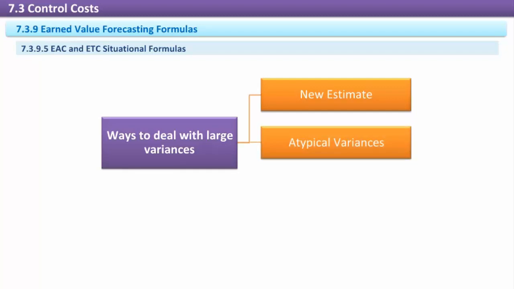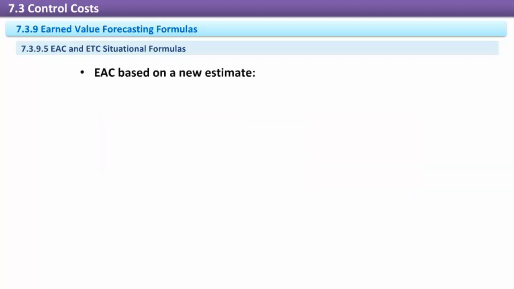Second, we can use alternative ETC formulas if the variances that have occurred are so unusual that they are not expected to happen again. Typical variances. Third, there are alternative ETC formulas that we can use if the variances that have occurred are going to be typical for the duration of the project.